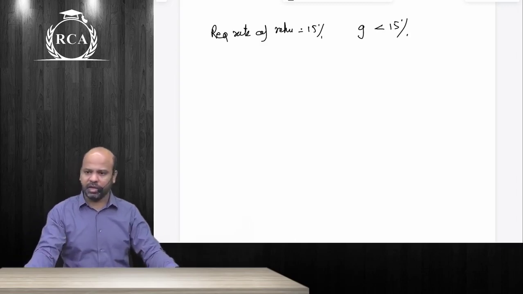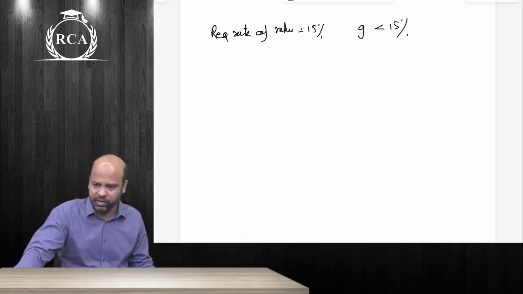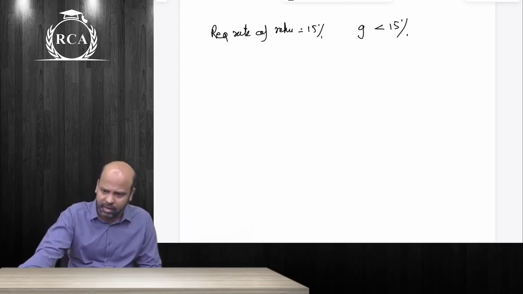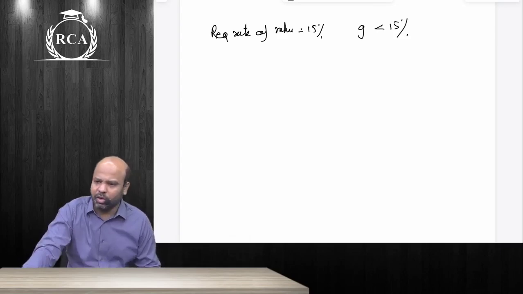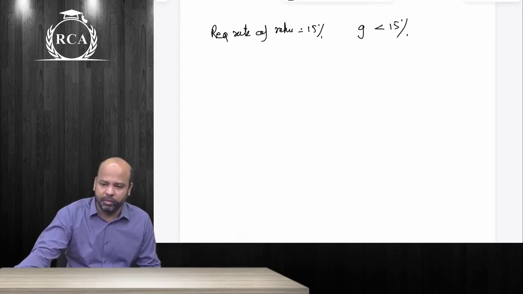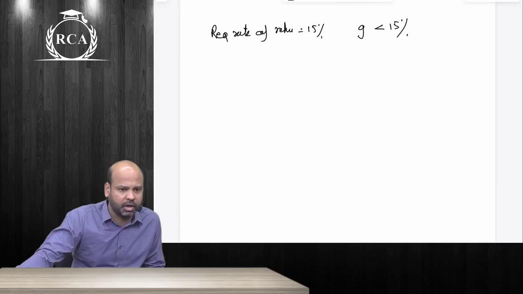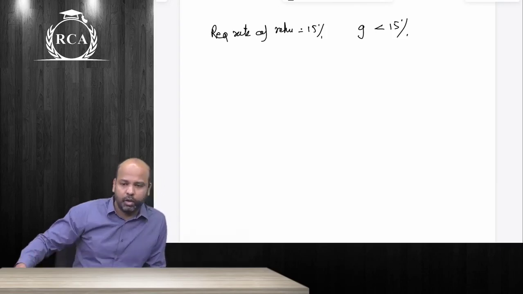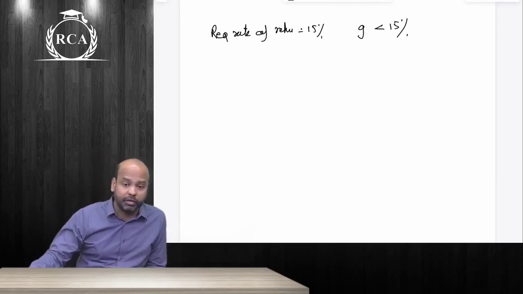Next year if your salary is increasing by 20%, can you also increase your spending by 20%? Yes or no? Guys, do you understand what I am saying? I'm not talking about the ability of the company to make a return. If a company is growing at a rate of 20%, its dividends also can grow at a rate of 20%. What I'm talking about, beta, is a comparison of that growth rate with the required rate of return.